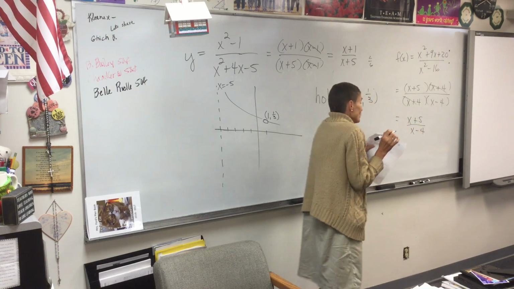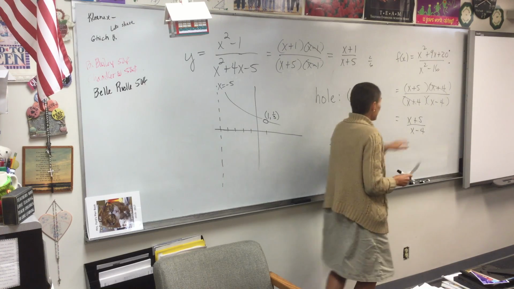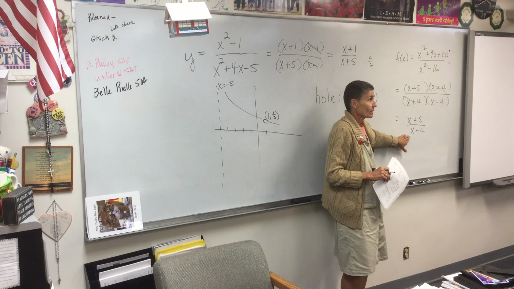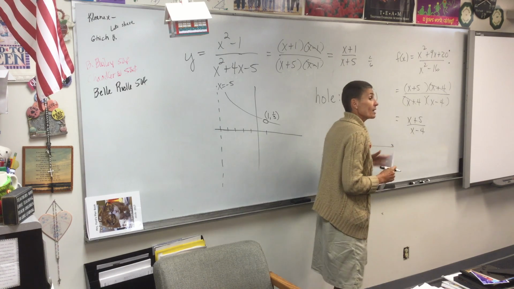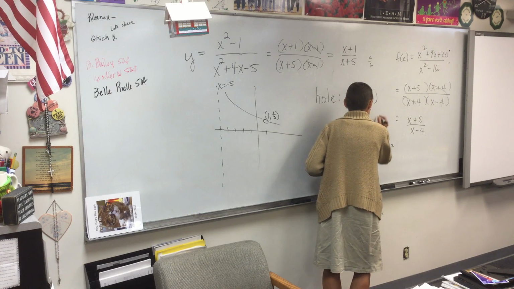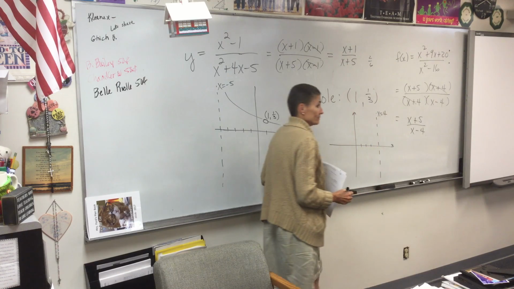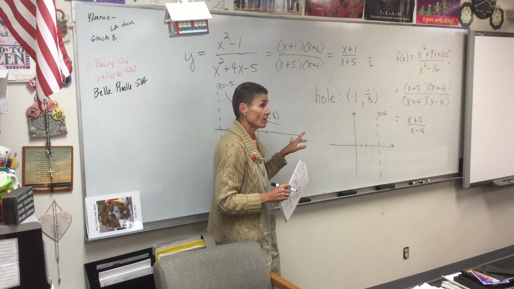But before I get too excited about my hole, let's remember we still have a vertical asymptote, right? Where's my vertical asymptote? x equals positive 4. So that's what you have to graph. Everybody see where the 4 came from?